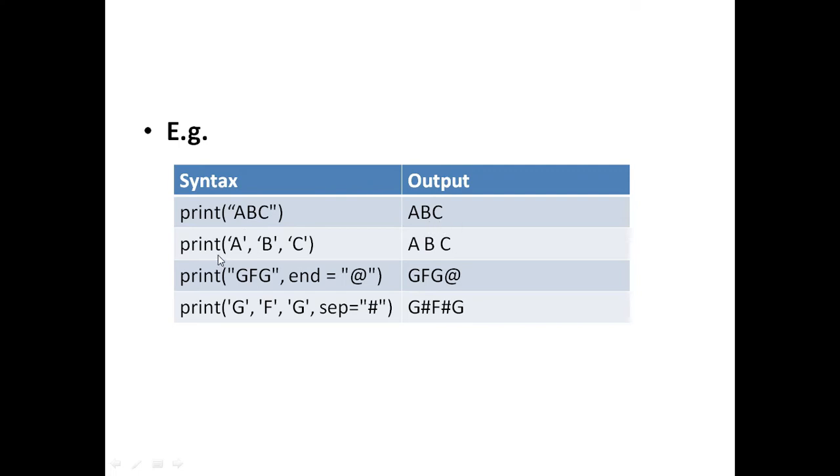If we print A, B, C, the output will be A space B space C. If we print and specify the end character as @, it will print G, F, G and lastly @. If we print G, F, G with the separator as hashtag, it will print G#F#G.